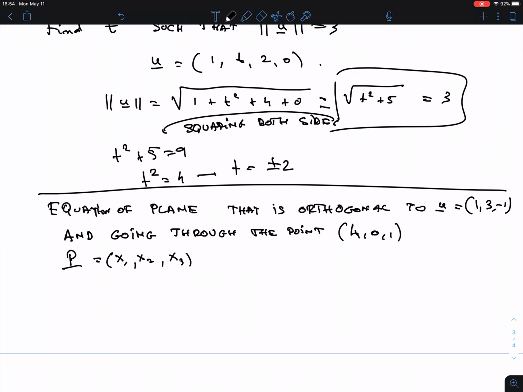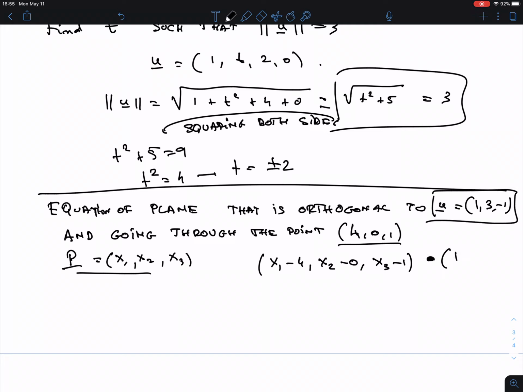So now, what's the vector determined by this point and the fixed point? It's the vector x1 minus 4, x2 minus 0, x3 minus 1. This is the vector given by the point that we have fixed and the point that's on the plane, and this has to be orthogonal to this vector.